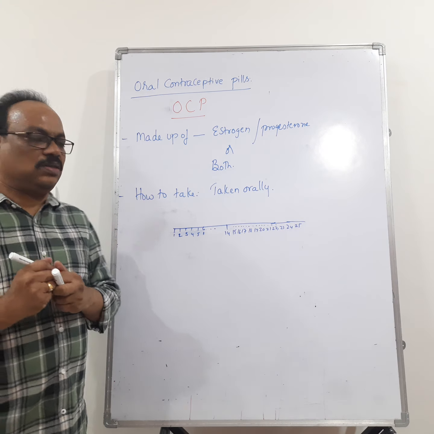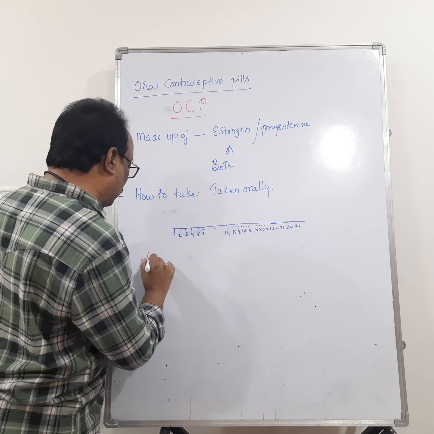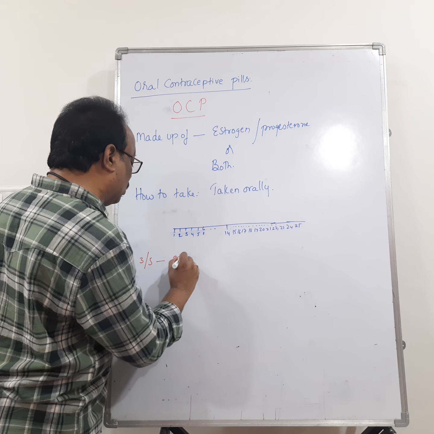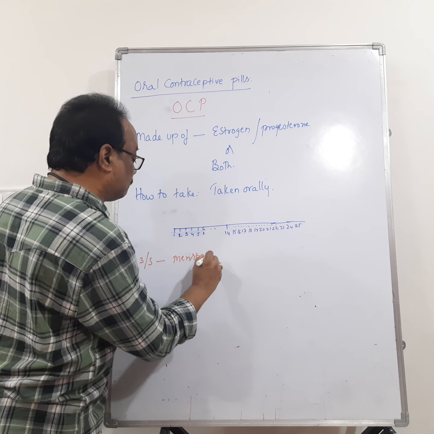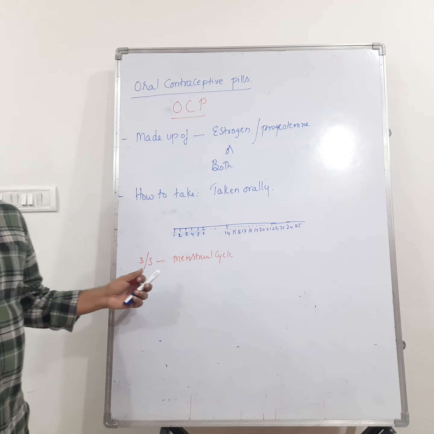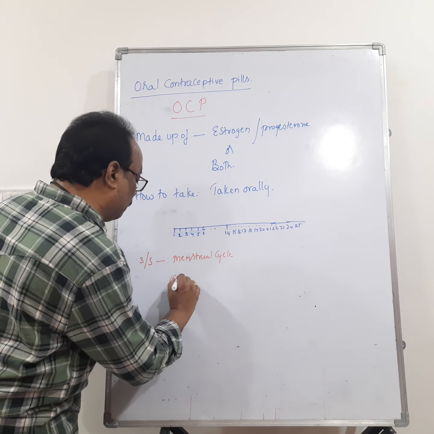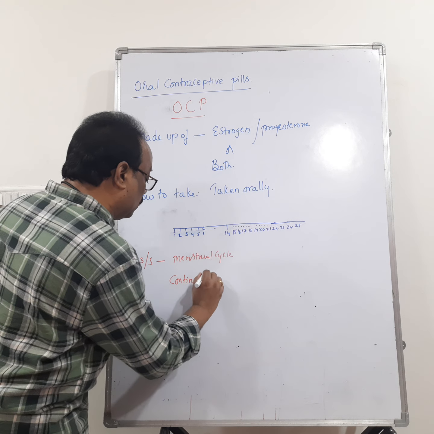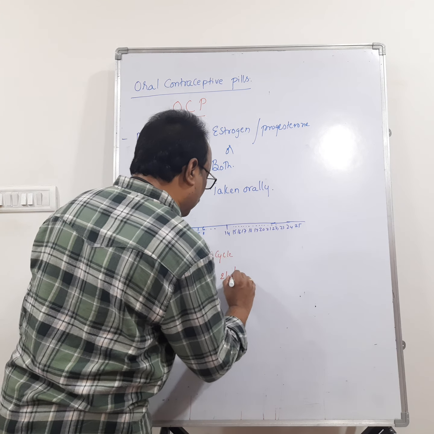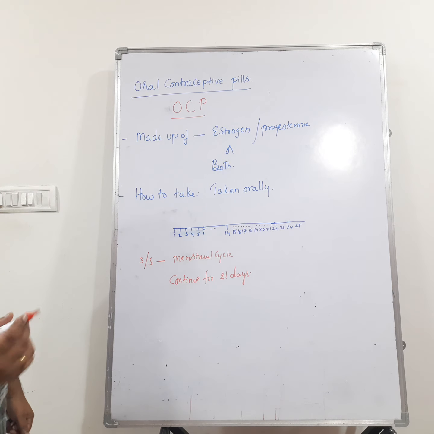The oral contraceptive pill should be taken on the 3rd day or 5th day of the menstrual cycle and continued for 21 days.